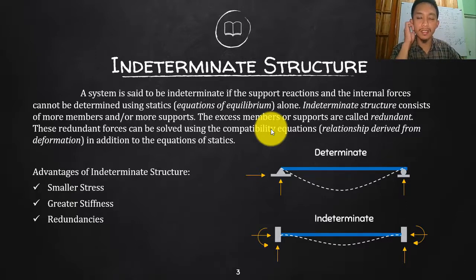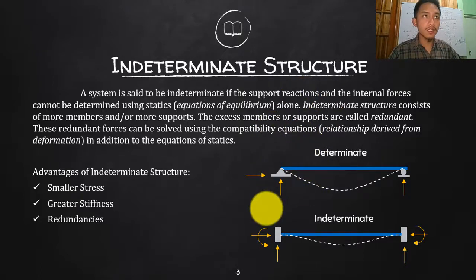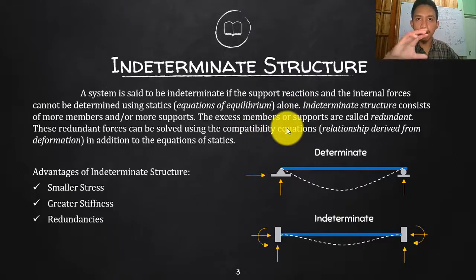There are a lot actually, but you can stick to the method that you are comfortable with. If you create a relationship based on the deflections and rotations, or based on the deformations, we call this the compatibility equations. If you derive an equation from those deformations, we call that the compatibility equations.